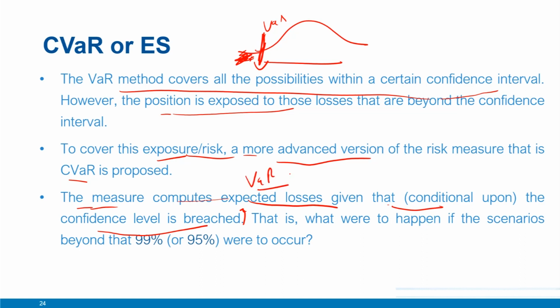The VaR level tries to compute a certain level of maximum losses. If this VaR level were to be breached, then what would happen? That is, the scenarios beyond a certain confidence level like 99 or 95% have been breached.